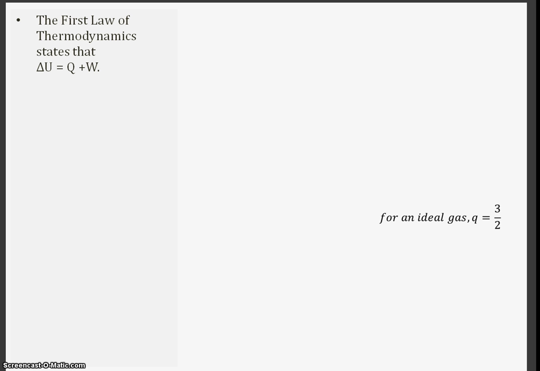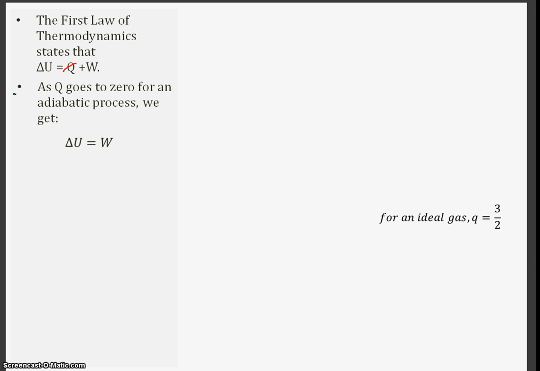Our first law of thermodynamics says that the change in internal energy is heat plus work on the system. And if there is no heat, if Q goes to 0, then it's all about the work. So in an adiabatic process, the only change in energy is the work.